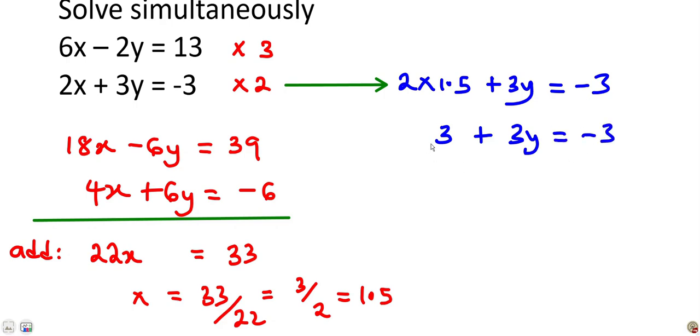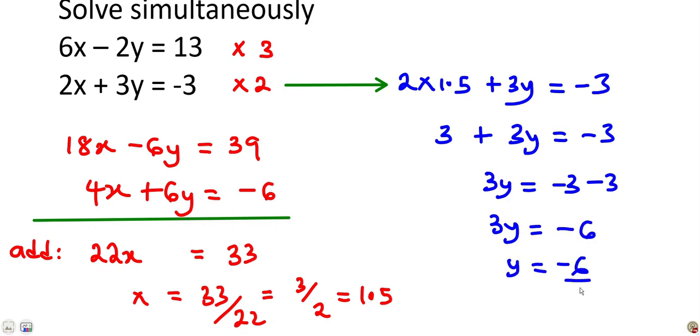From here, I can subtract 3 on both sides. I'm going to have 3y is equal to minus 3 minus 3. And if you do this negative number subtraction, that's definitely going to be minus 6. And to get y, you need to divide minus 6 by 3. And definitely you're going to have minus 2. So in summary, x is 1.5 and y is minus 2.